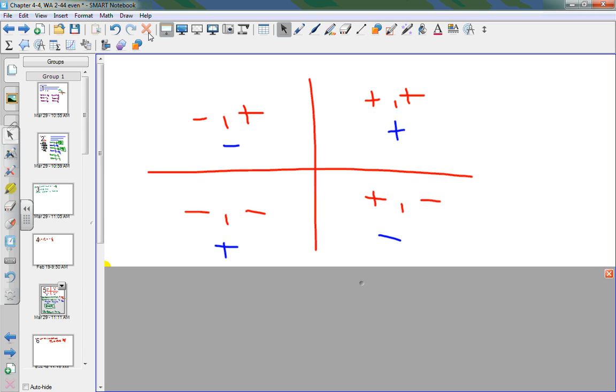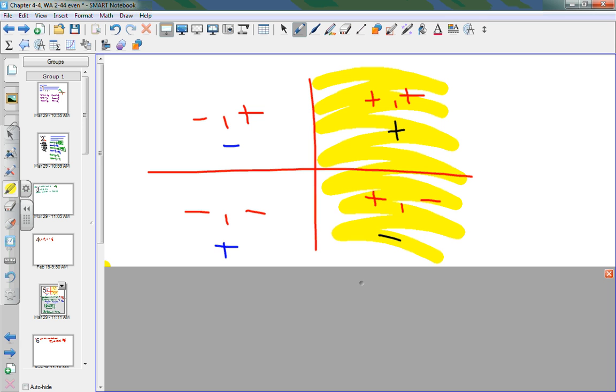Do we understand that? So if secant is greater than 0, we conclude that cosine is greater than 0, which means where is cosine greater than 0? These two quadrants. Understand that?